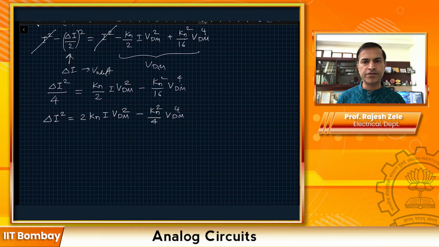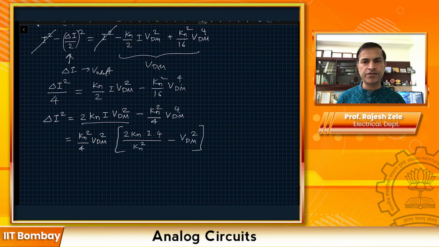Next, what we can do is remove Kn square divided by 4 times VDM square out of this equation. So this would give me Kn square divided by 4 VDM square. I took it out of the equation, and then this part will become 2Kn I divided by Kn square, and you'll get 4 over here also, and minus VDM square.